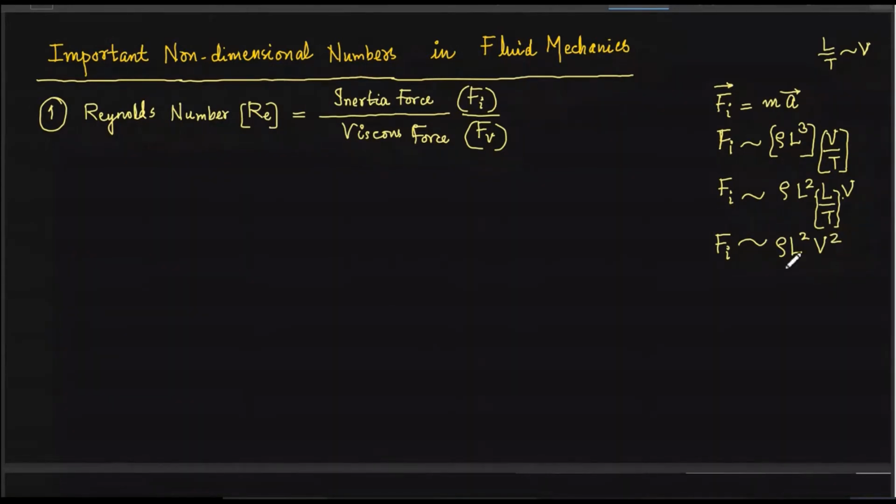Either you can use this or you can introduce area of flow, so Fi is of the order of rho into A into V square. Don't forget this aspect. Hereafter for inertia force we will use this dimensional form, either rho L square V square or rho A V square.